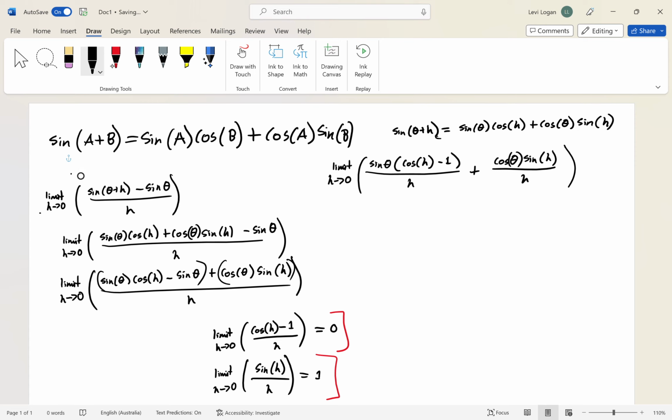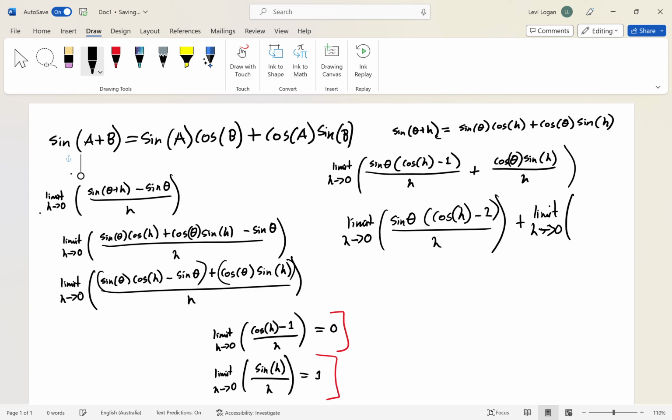if we make these into separate limits, we have the limit as h approaches 0 of sine theta times cos of h minus 1 all over h, plus the limit as h approaches 0 of cos theta sine h over h. Alright, the theta isn't going to affect this limit, so this entire thing here is equal to 0. So I'm just going to rewrite it.